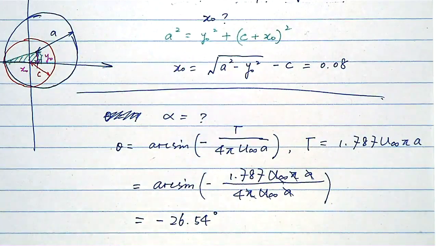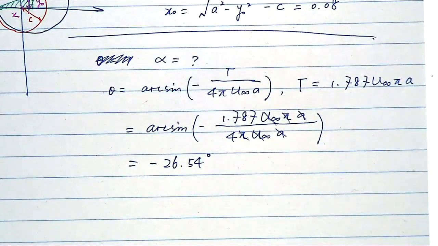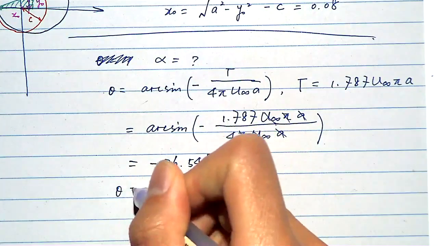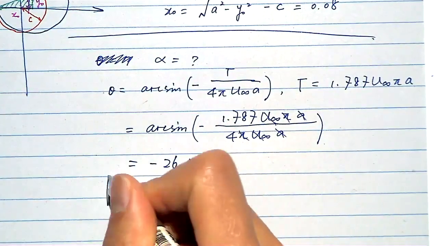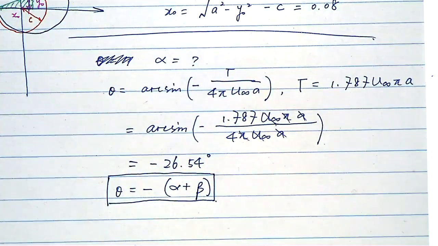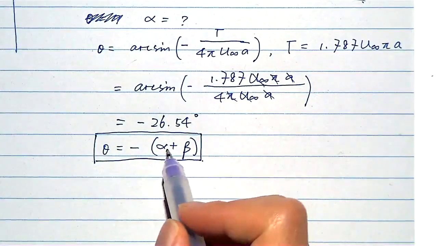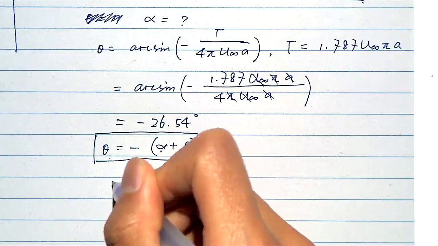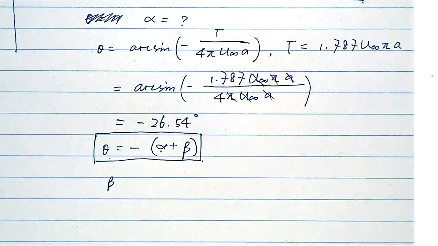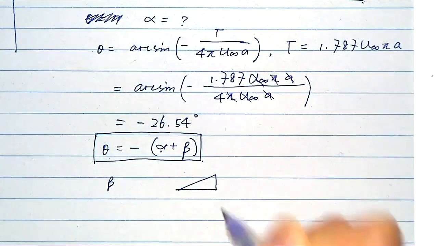Okay, so now we have theta, and we also know there's a relation between theta and alpha and beta, which is theta equals minus alpha plus beta, right? So in order to calculate alpha, we know theta already, and we also need to compute beta. Let me remind you of that triangle we have been looking at. The green triangle is like this.